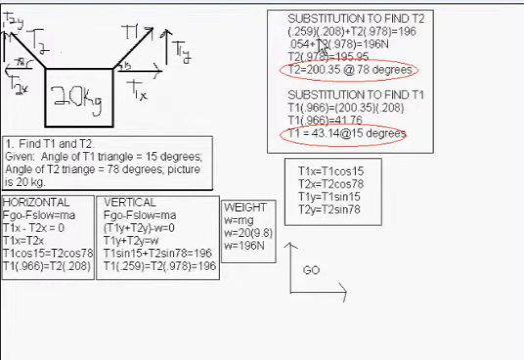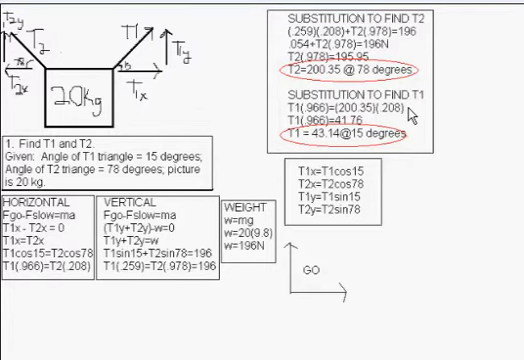So 0.259 times 0.208 plus T2 times 0.978 equals 196, the weight again. Again, this was taken from this equation, plugging 0.208 into T1. So just doing algebra, we eventually get that T2 equals 200.35 at 78 degrees.